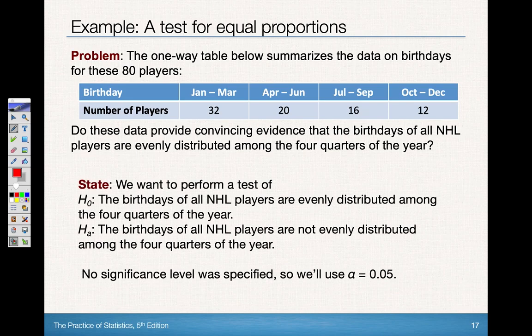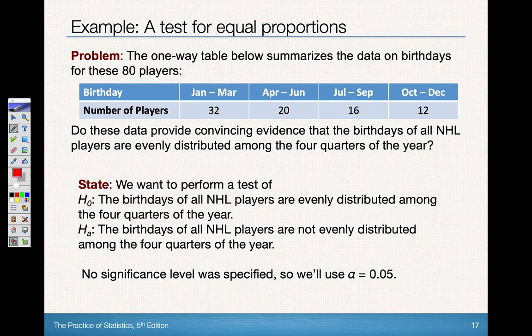So we start by doing our null and alternative hypotheses. First, we don't have a significance level, so we use alpha of 0.05. They asked us to test whether they're evenly distributed or not. So the null is that the birthdays of the NHL players are evenly distributed, versus the alternative that the birthdays of the NHL players are not evenly distributed.